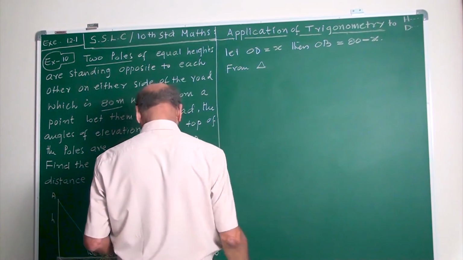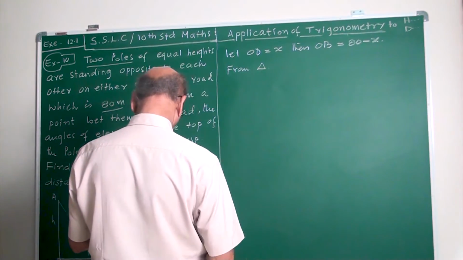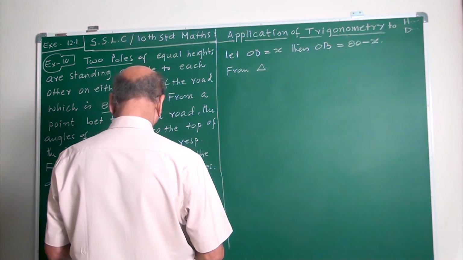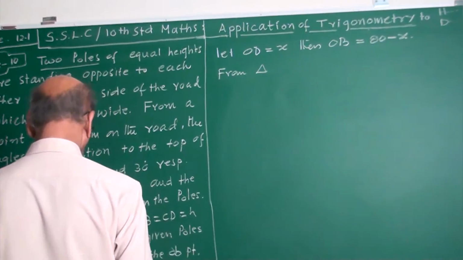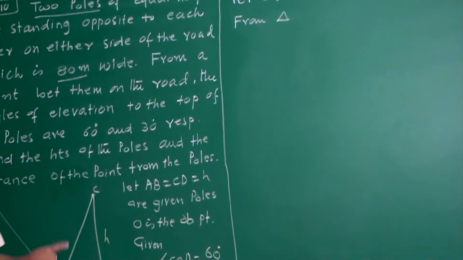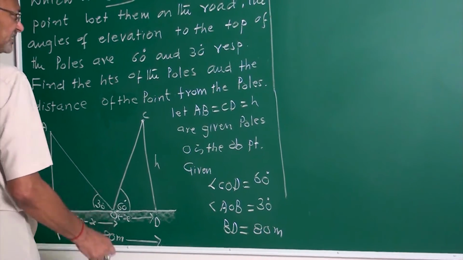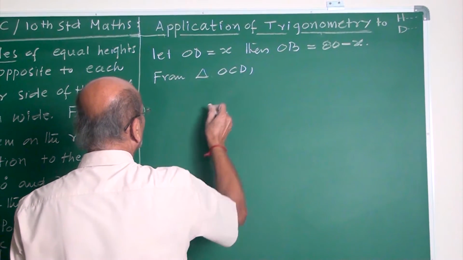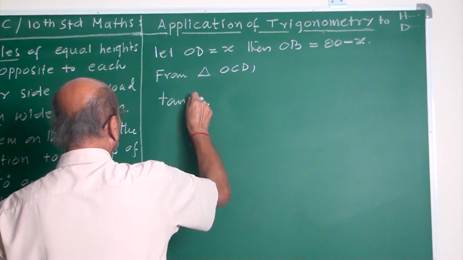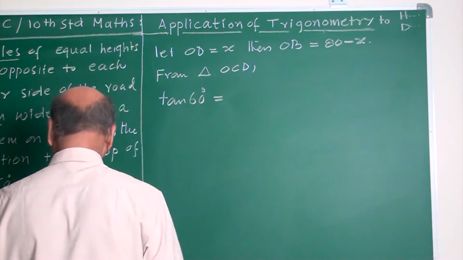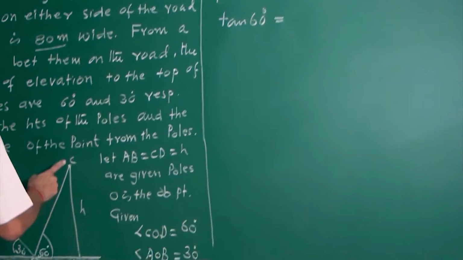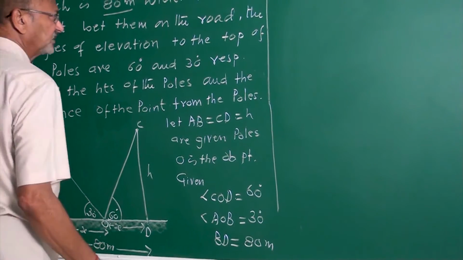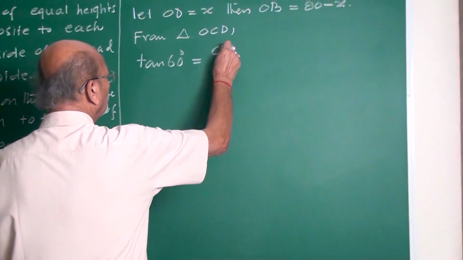From triangle OCD, tan 60 equals CD, the opposite side, upon OD, the adjacent side.